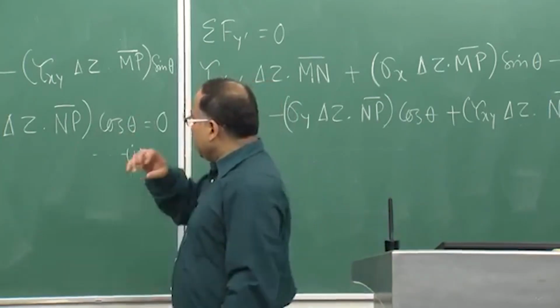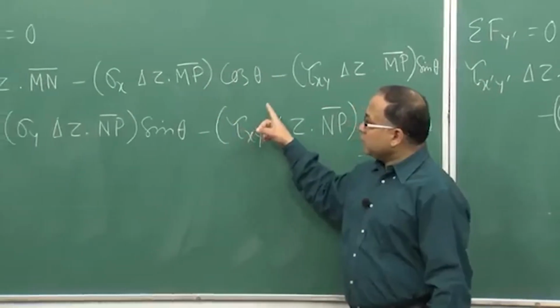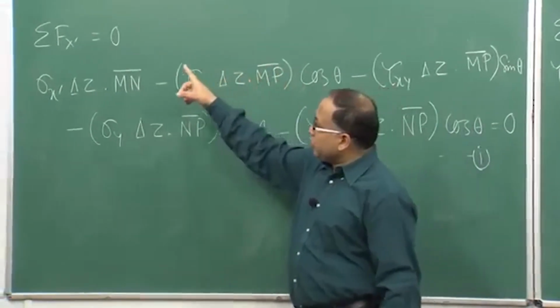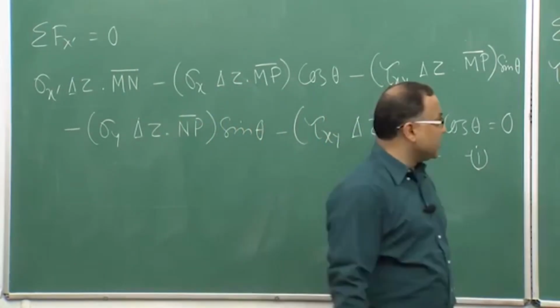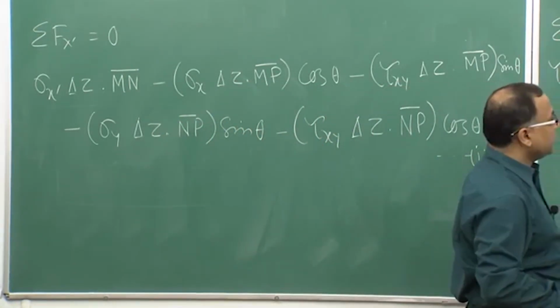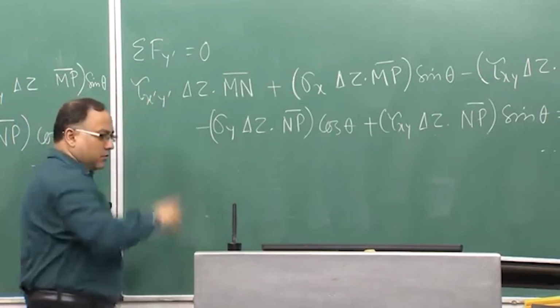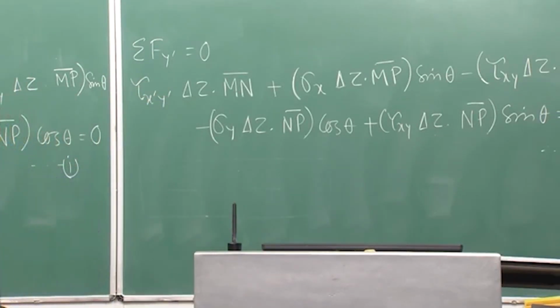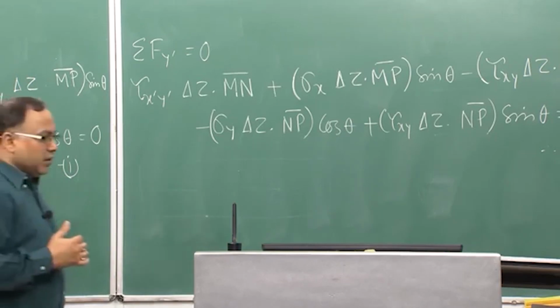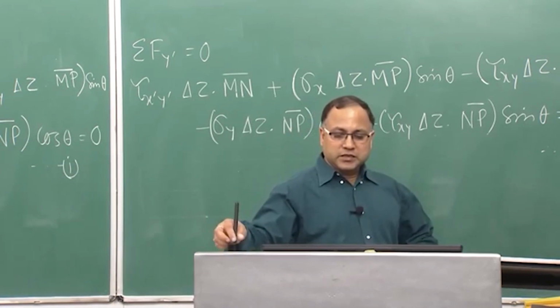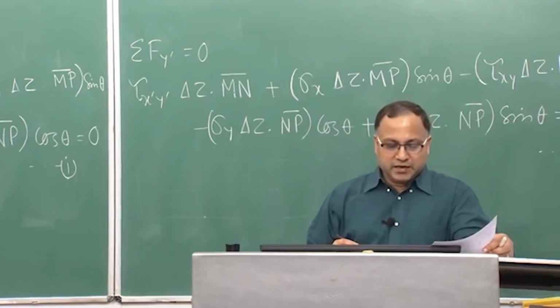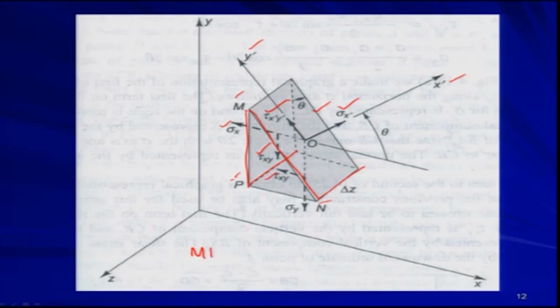So, this is the equation we obtained by satisfying the equilibrium condition along x prime direction, and this is the equation we got after satisfying the force equilibrium along y prime direction. Now, if you come back to this figure, we can establish that MP, in terms of the inclined surface, is MN cos theta.